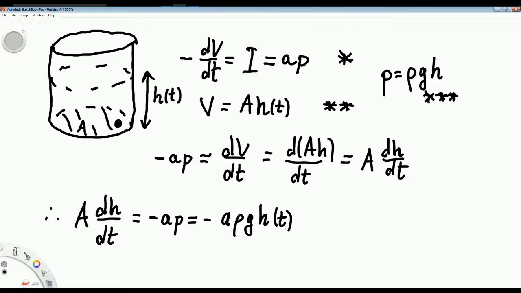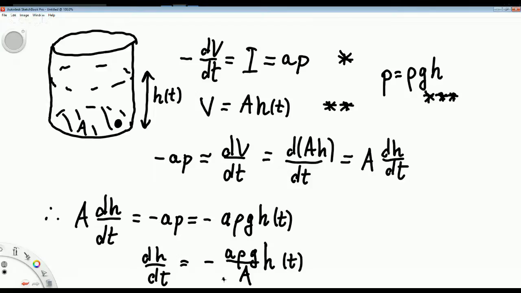Which means we end up with one of the kind of equations which we would have met at the workshop. I can maybe clean this up so that it looks a bit nicer. It's dH by dt equals minus A rho g over capital A times H of t.